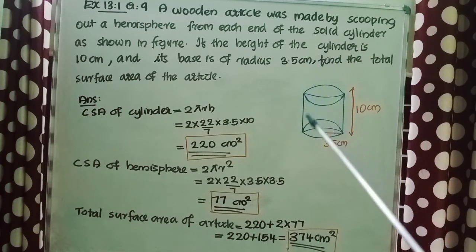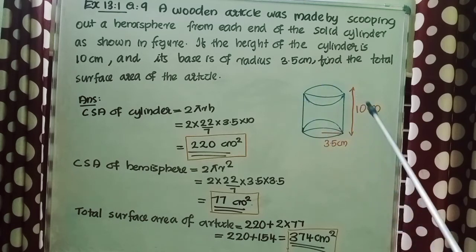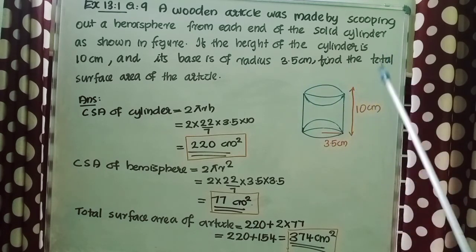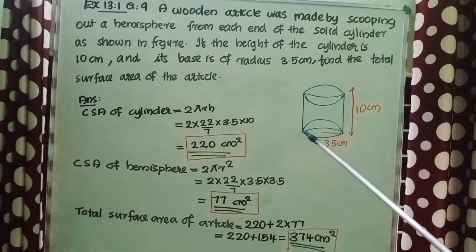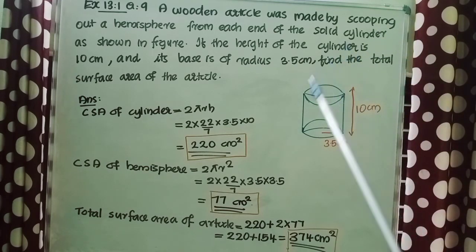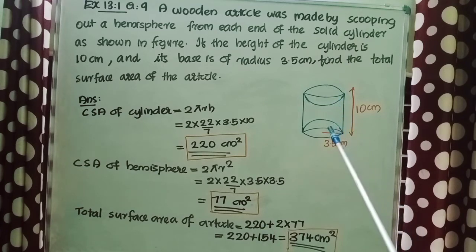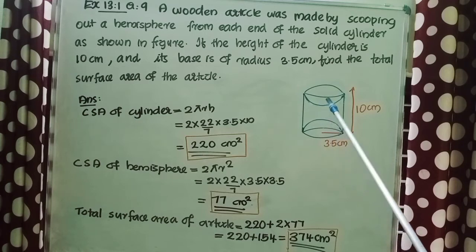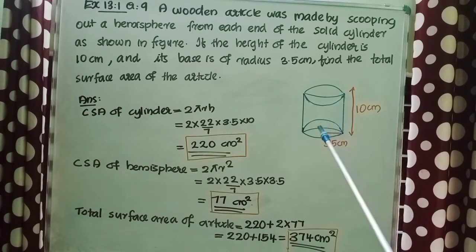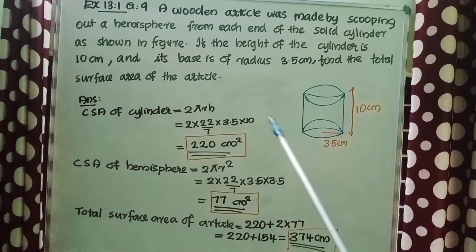So we can see in this article the curved surface part of the cylinder and two hemispherical shapes on both ends. So to find the total surface area of this article, we need to find the curved surface area of the cylinder and curved surface area of two hemispheres.